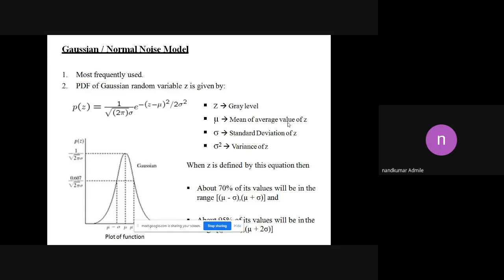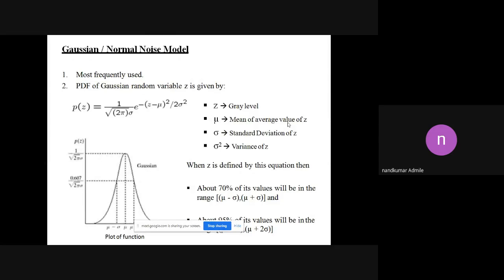For example, we can capture an image using our mobile camera and run that image in simulation software such as MATLAB. By using a specific code, we can identify how Gaussian noise is represented in an image.